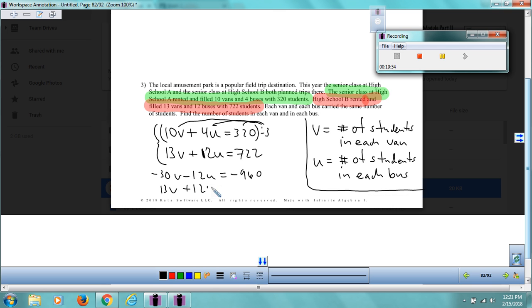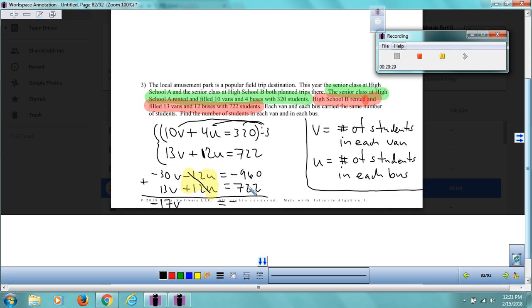All right. And you clearly see here that we have opposites, the U terms, so that when we add them, and that's what we were trying to do, these will go away. What's negative 30 plus 13? Obviously we have more negative, so our answer will be negative in this case when we add. And we will get negative 17V, and that's going to equal negative 960 plus 722.